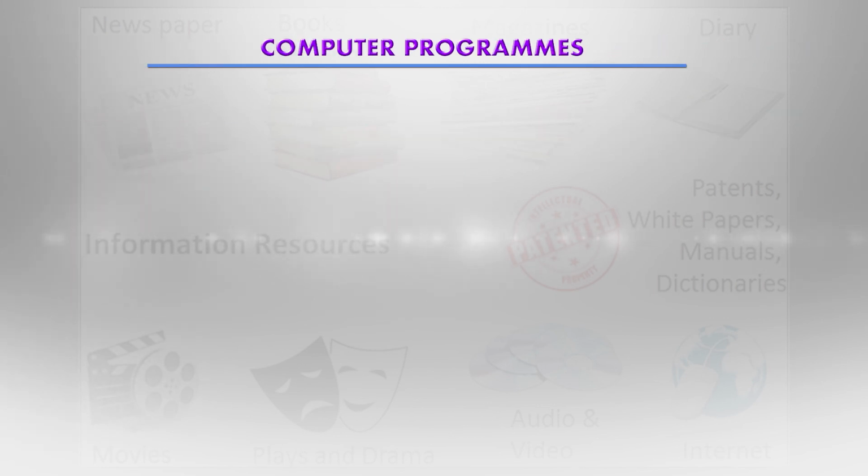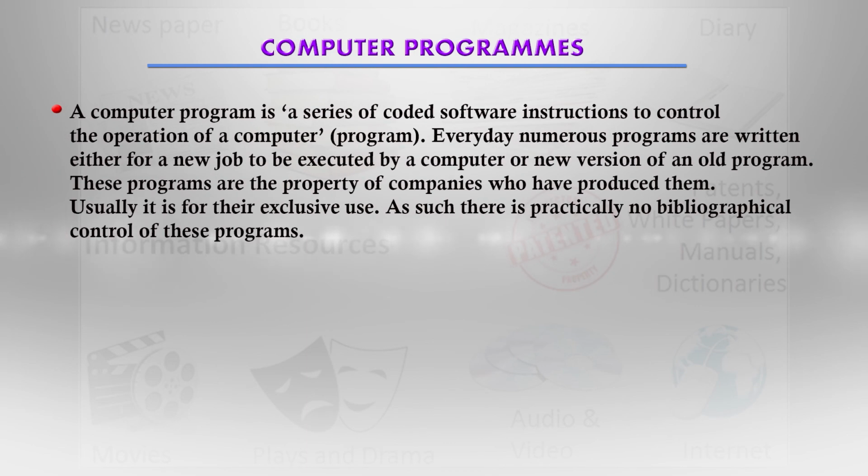Now come the computer programs. A computer program is a series of coded software instructions to control the operation of a computer. Every day numerous programs are written either for a new job to be executed by a computer or a new version of an old program. These programs are the property of companies who have produced them and sometimes single users also.